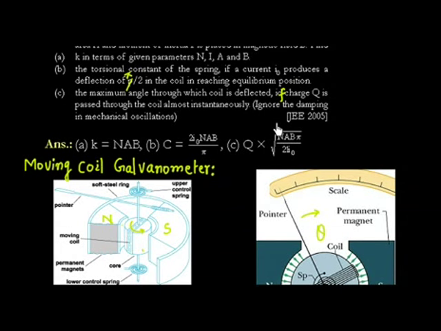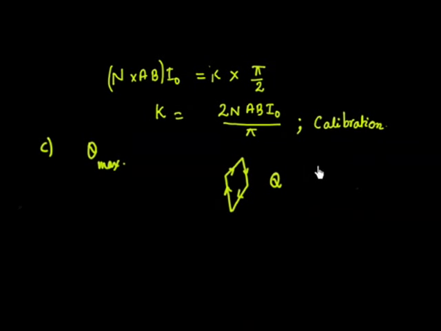So let us discuss how we will find it. I have a coil, and through this coil a charge Q is passed, capital Q, for a very small time. So there is a current, and if there is a current there is a torque.